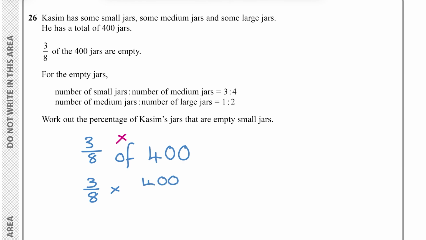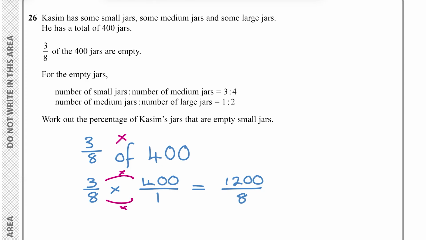Now, we're dealing with a fraction and a whole number. And whenever you deal with a whole number and a fraction and you've got to multiply, turn the whole number into a fraction by popping it over 1. And then you can just multiply the numerators and the denominators. So that will give you 3 times 400, which is 1200, divided by 8 times 1, that's 8.